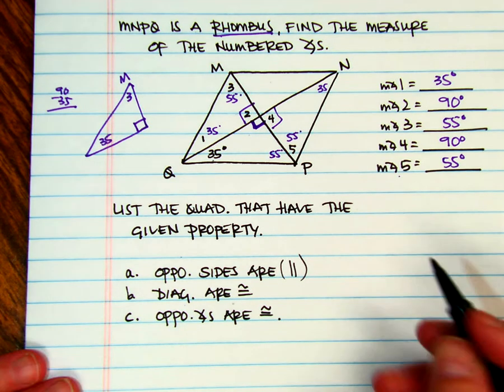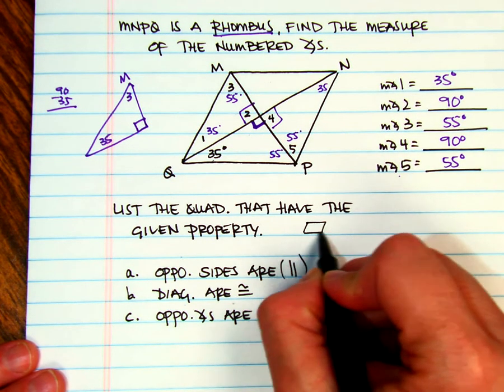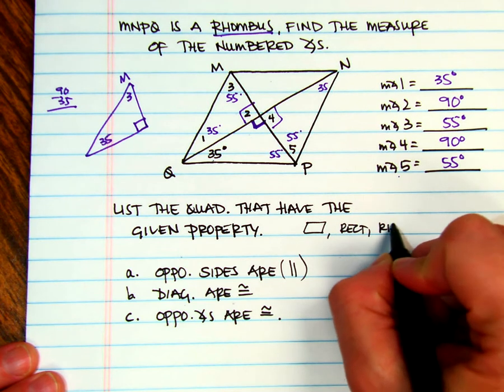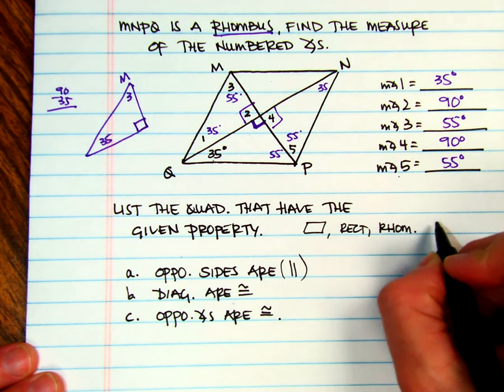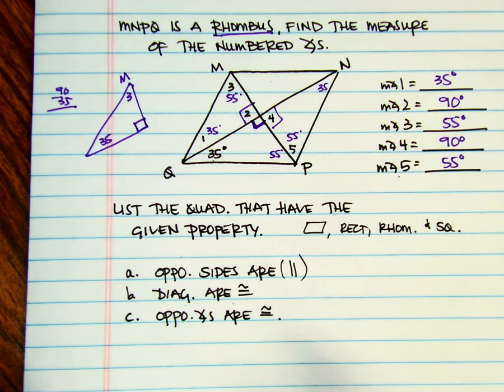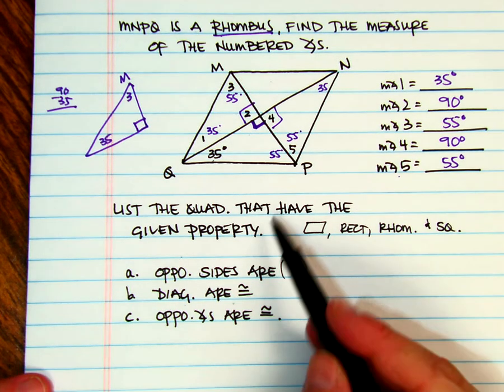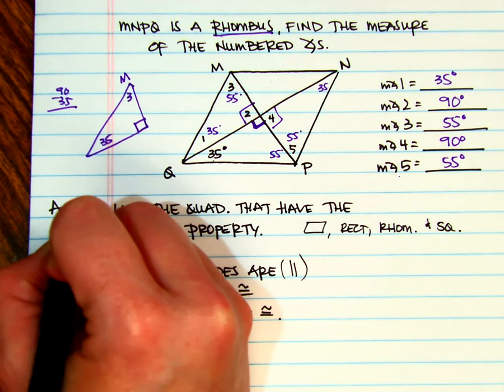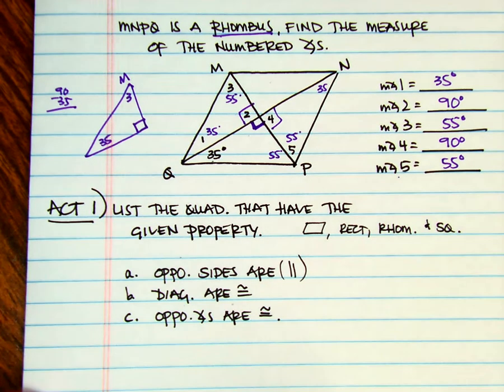And your choices are parallelogram, rectangle, rhombus, and square. I want you to do these for an activity for tomorrow. So come to class with that done.